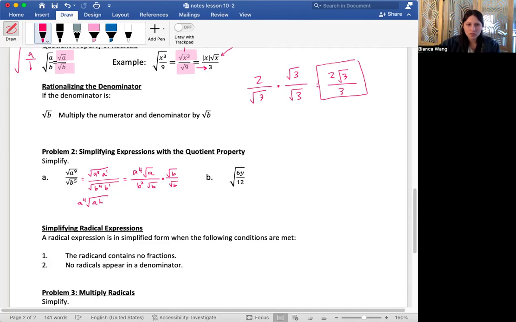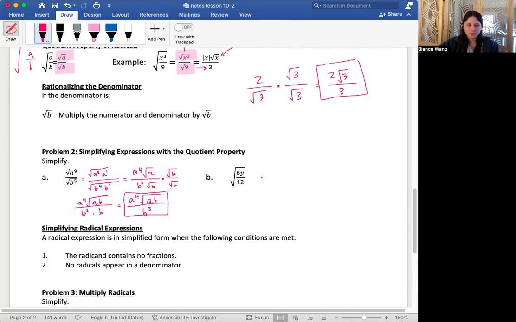So I'm just going to put them under the same roof. And then I have b to the 2nd times b. Well, that's basically my answer, but I'm just going to bring this b to the 2nd times b together, because b to the 2nd times b will be b to the 3rd. And so I can rewrite that as just b to the 3rd on the bottom. And that's my answer.